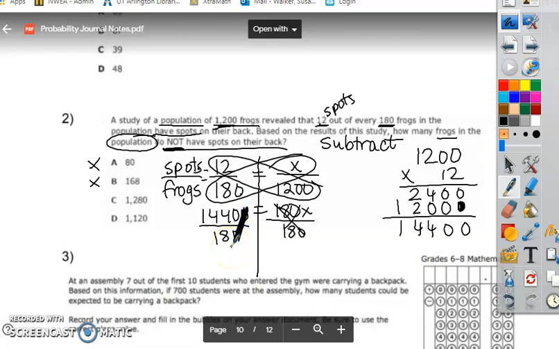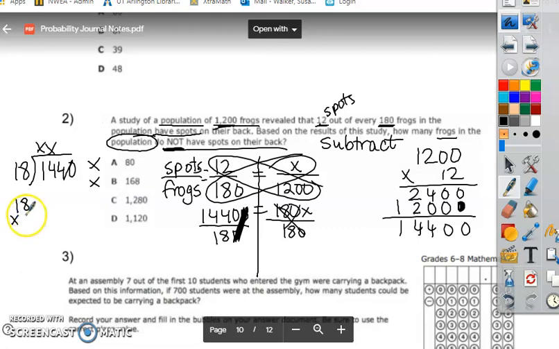Okay, so your job is to divide 1,440 by 18. That's going to tell us how many have spots. Okay, 18 won't go into 1, won't go into 14. 18 times what goes into 140?